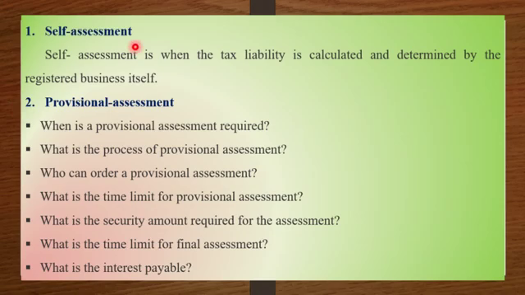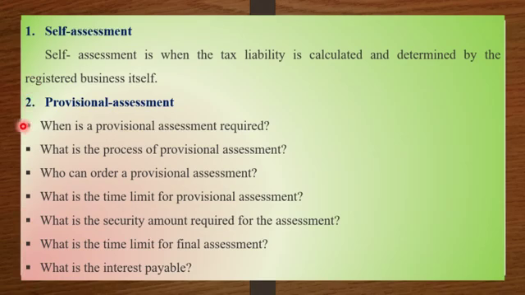Now, second is provisional assessment. As per the provisions of section 60, read with rule 98 of the CGST Rules 2017, provisional assessment is applicable in certain situations. Let's understand the concept of this assessment. We can see 7 situations are given.